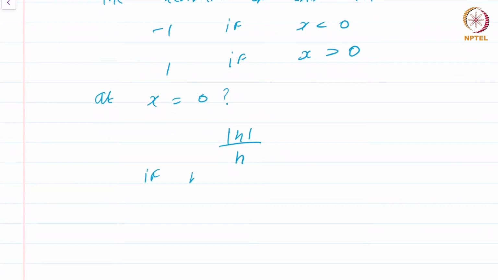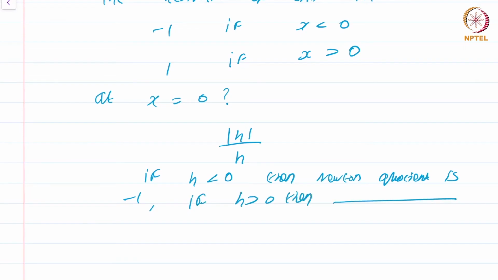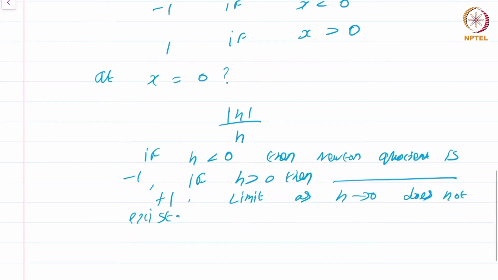If h is less than 0, then the Newton quotient is minus 1. If h is greater than 0, then the Newton quotient is plus 1. The limit as h approaches 0 does not exist. So this function is not differentiable at the point x equal to 0.